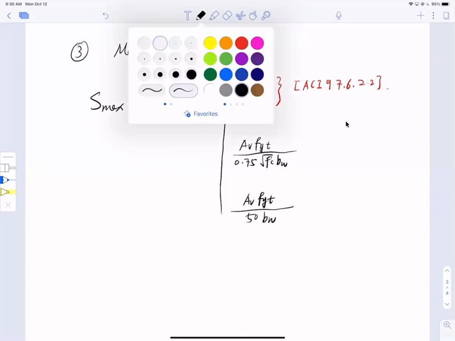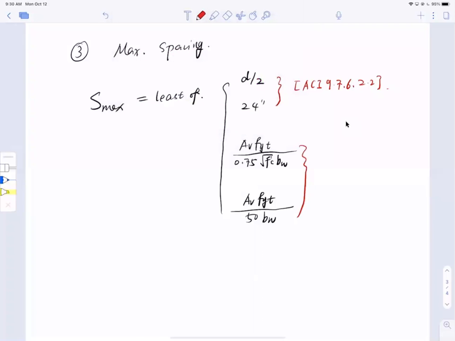These are the minimum reinforcement requirements, so just say AV min, and this is from ACI 9.6.3.3. So we converted the minimum steel reinforcement requirement in terms of spacing.